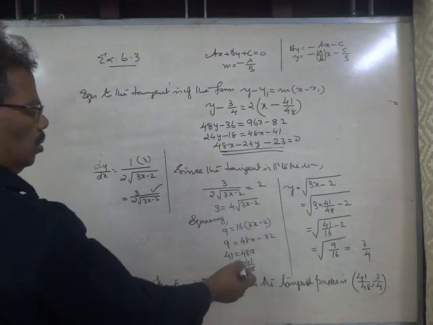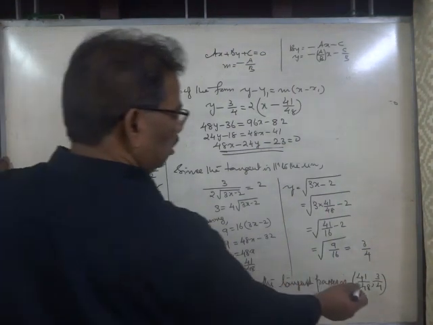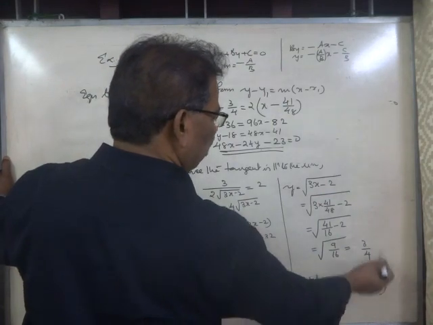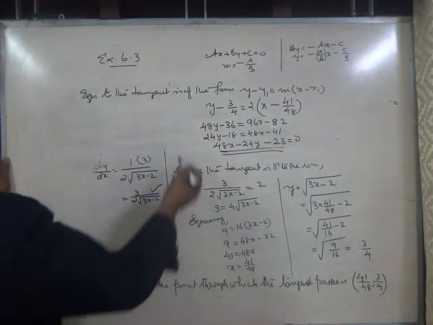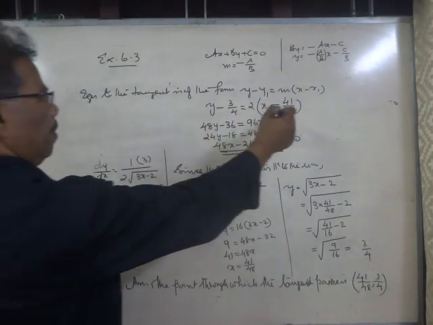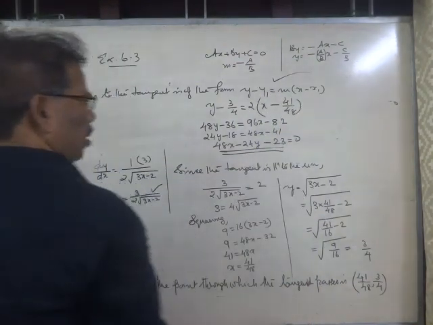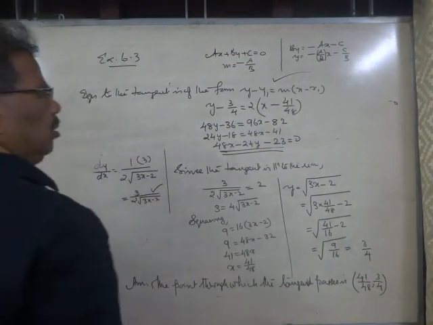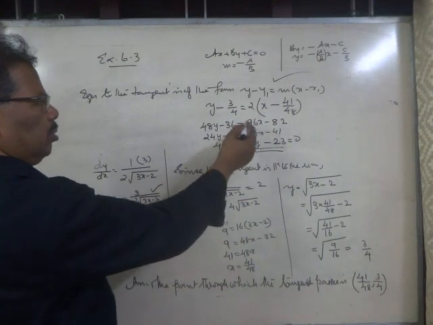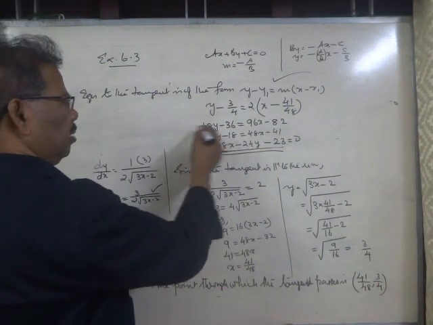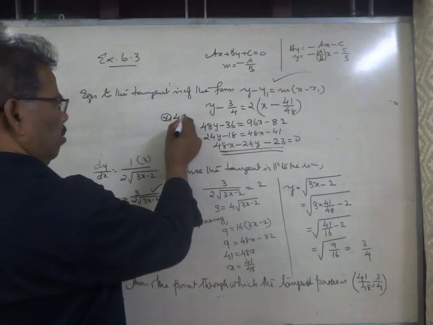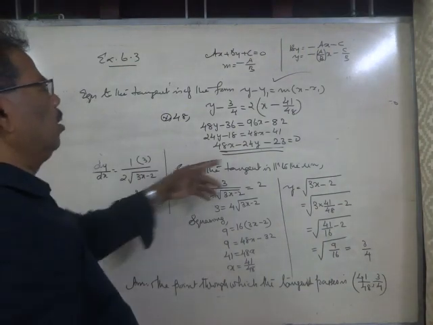The point is 41 by 48, 3 by 4. The equation to the tangent is given by the formula y minus y1 is equal to m into x minus x1. y minus 3 by 4 is equal to 2 into x minus 41 by 48. Multiplying by 48, we got the required result.